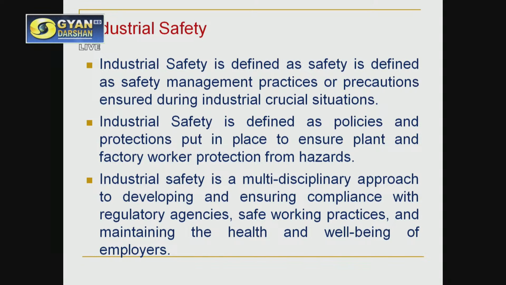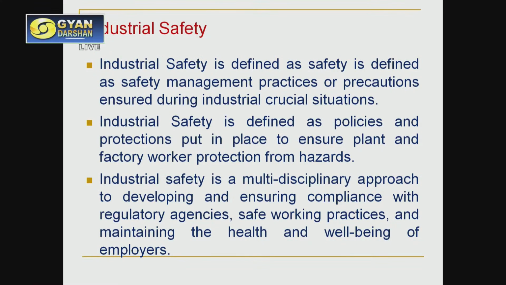Before entering into industrial safety rules and acts, we should know what industrial safety is. Basically, industrial safety is a management practice or set of precautions which ensures safety in the industry in crucial situations, so that we can have proper precautions and safety management practice.